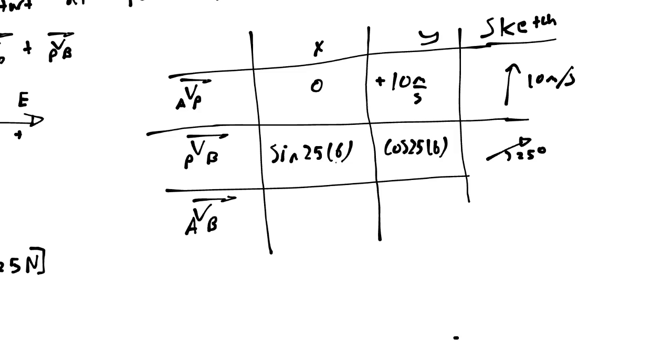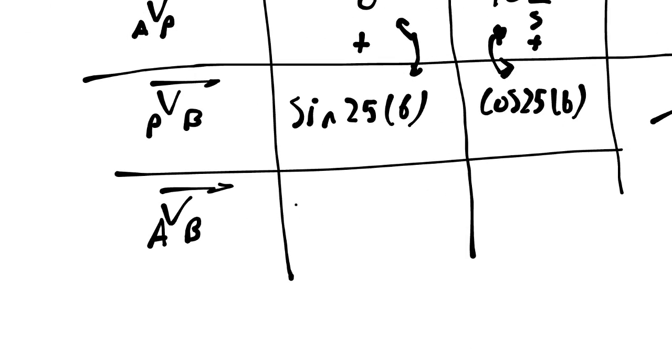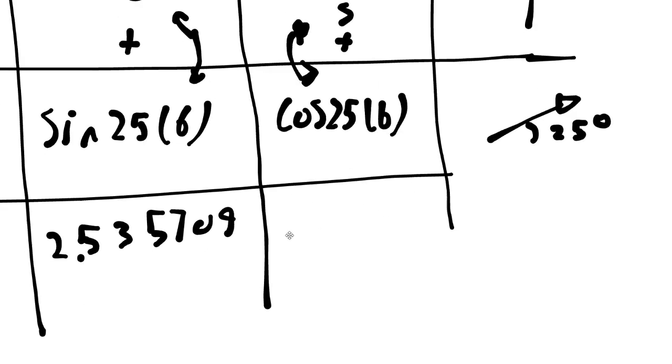And now you would just put these numbers into your calculator, and then of course add this and add this. So these two get added, and these two get added. So this would be 2.5, and so here be 15.